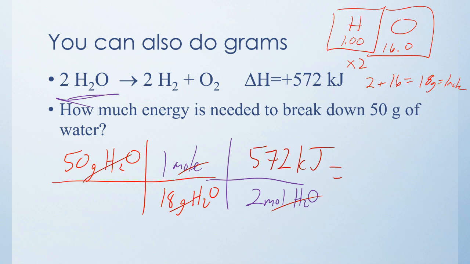So we're able to turn grams into kilojoules by doing the same thing we were doing before. So 50 grams is 2.778 moles of water. And so then divided by 2 and times 572 means we have 794. So you would need 794.4 kilojoules to break down 50 grams of water.